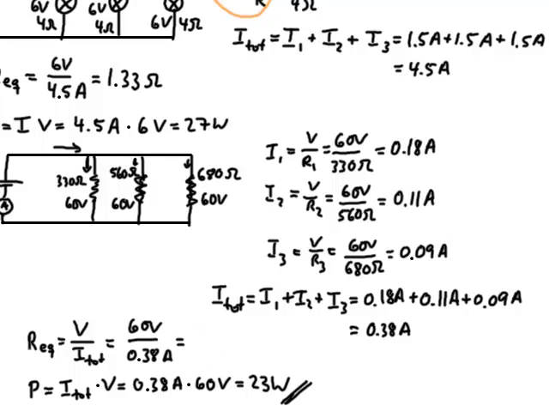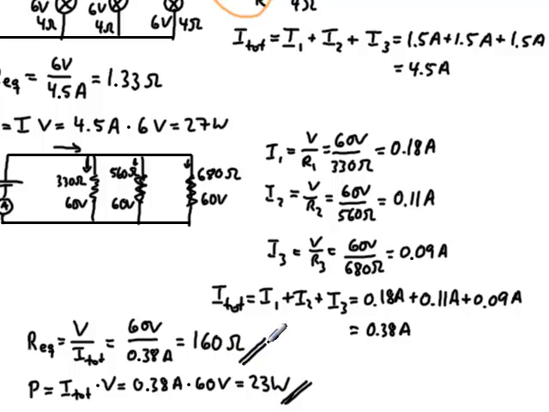Look, somewhere around 150 or so. Let's see, I come up with 160 ohms. It's 157.89 ohms, but I rounded to 160 ohms because I only have two significant figures here.